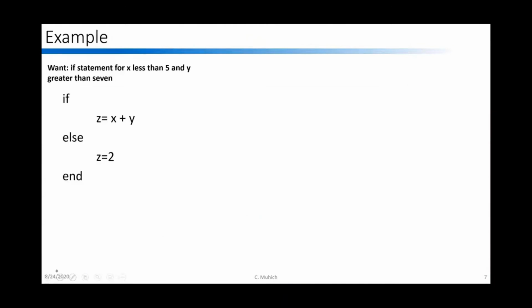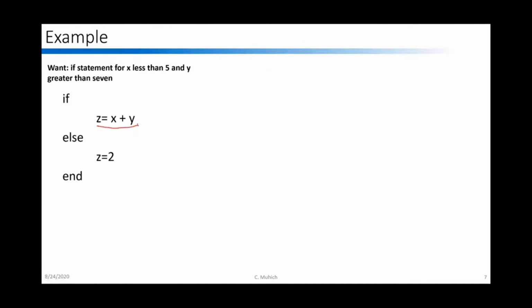So let's take an example and write this out. We want to write an if statement where z equals x plus y if and only if x is less than 5 and y is greater than 7. So let's write out two logical conditions that will evaluate that.